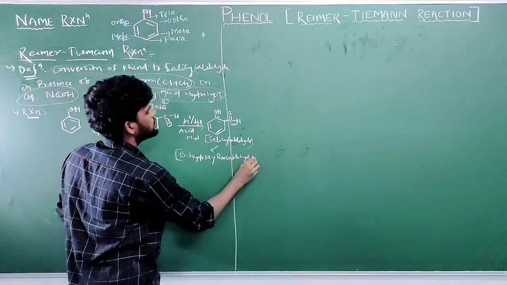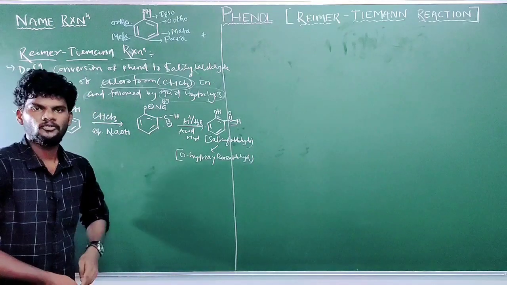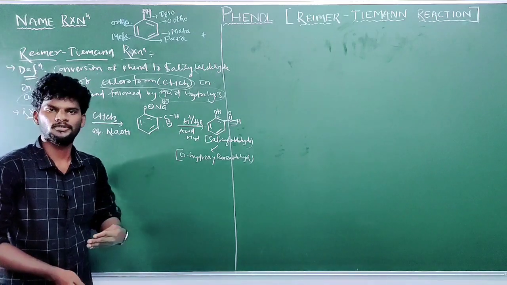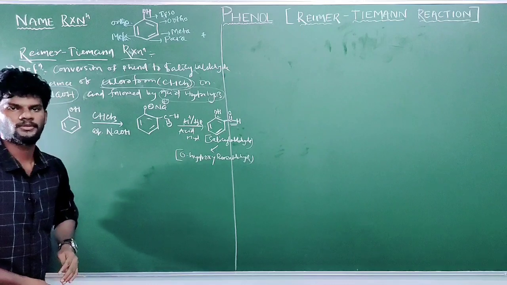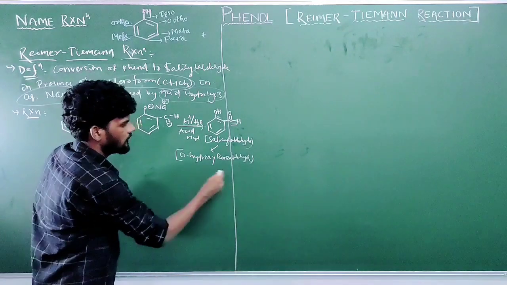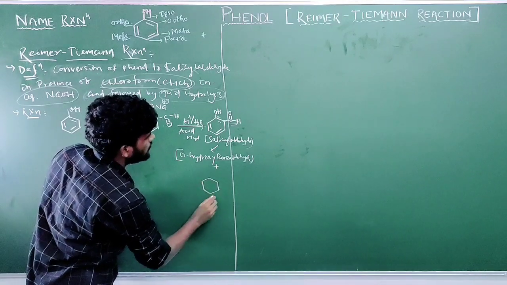So you may ask one question: OH is an ortho-para directing group, means it increases the electron density at ortho and para position. Why does it only give ortho product, not para product? The answer is it will give para product also, but the amount of para product is very less.